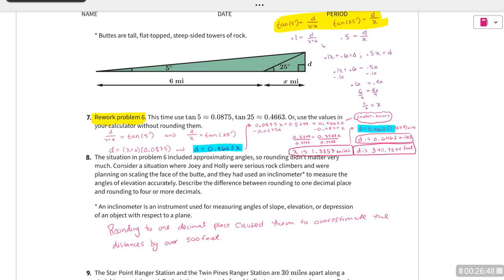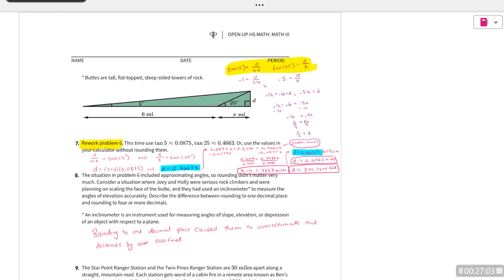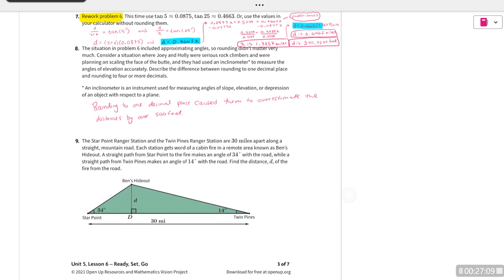So that's the difference in rounding, that a lot of these, especially with situations like this, you want to be exact. As our values get bigger, those overestimations are going to become more severe. So we really want to try to be more exact by using exact values whenever possible. Okay, question 9.